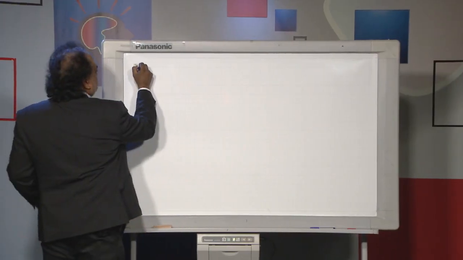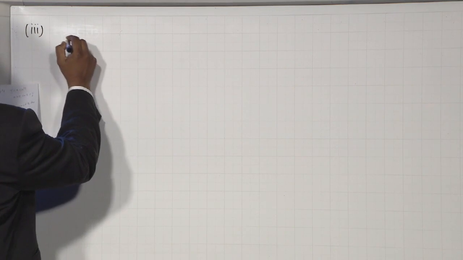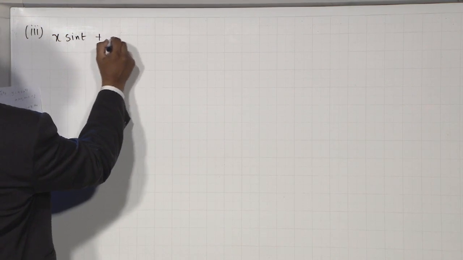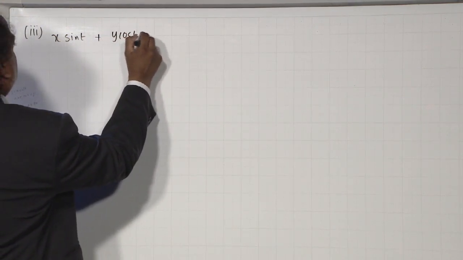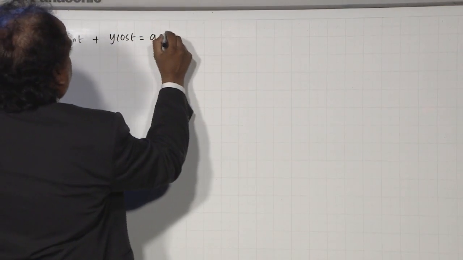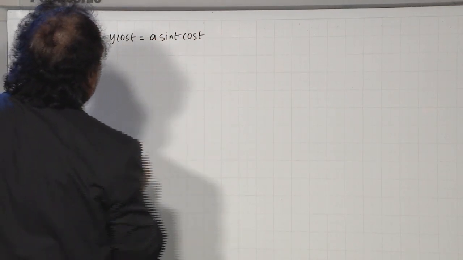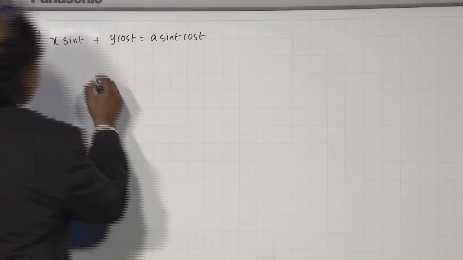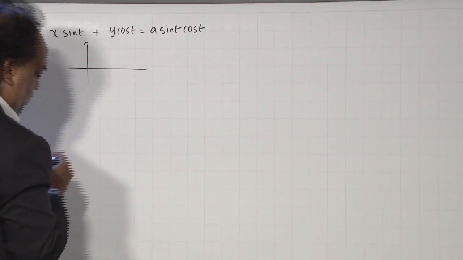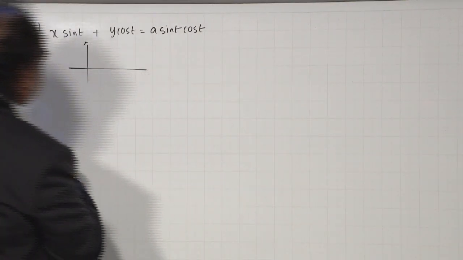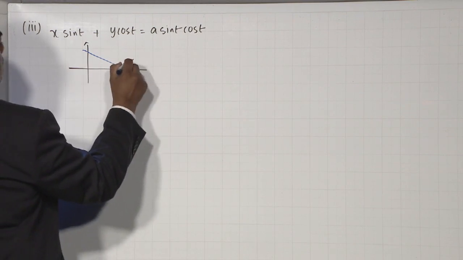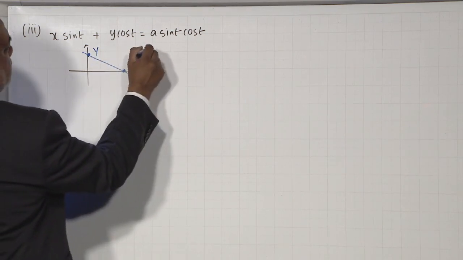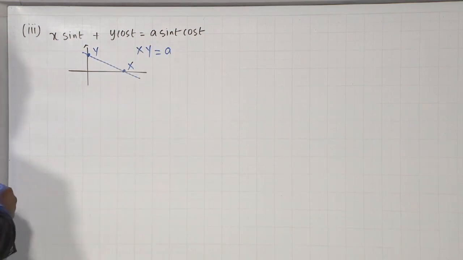In the third part, we proved that the equation of the tangent is x sine t plus y cos t equal to a sine t cos t. Now, we are asked to show that if this tangent cuts the x-axis at x and the y-axis at y, then distance xy will always be equal to a.